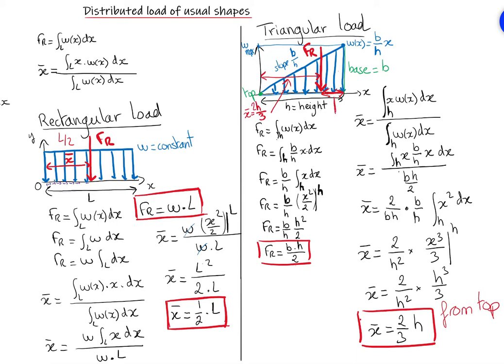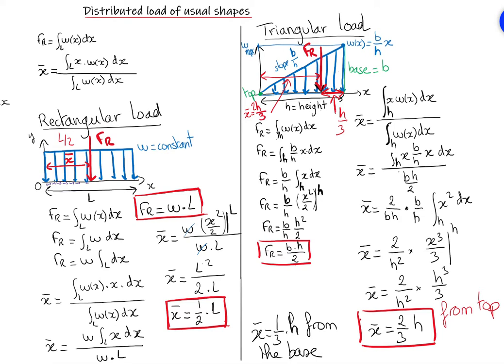This one will be only H divided by 3. So x bar is equal to 2/3 times H from the top of the triangle, or x bar is equal to 1/3 times H from the base of the triangle, from this base. So the force is 2/3 from the top, 1/3 from the base, and it's a very common mistake to mix the 1/3 and 2/3.